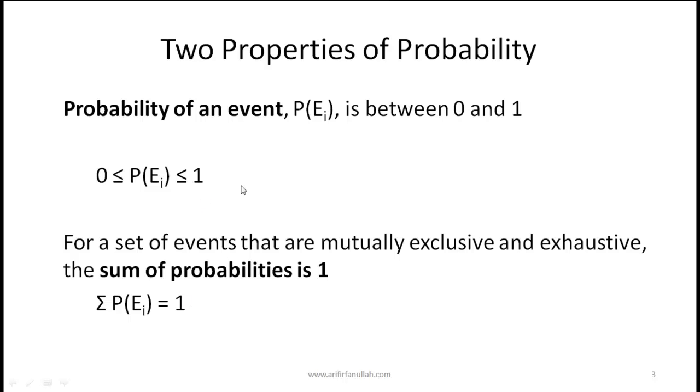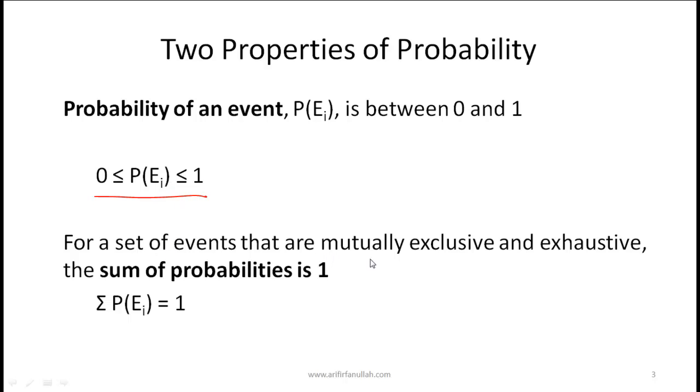The two fundamental properties of probability. One is that the probability of any event has to be between 0 and 1. Mathematically that's written this way: 0 less than or equal to probability of event less than or equal to 1.